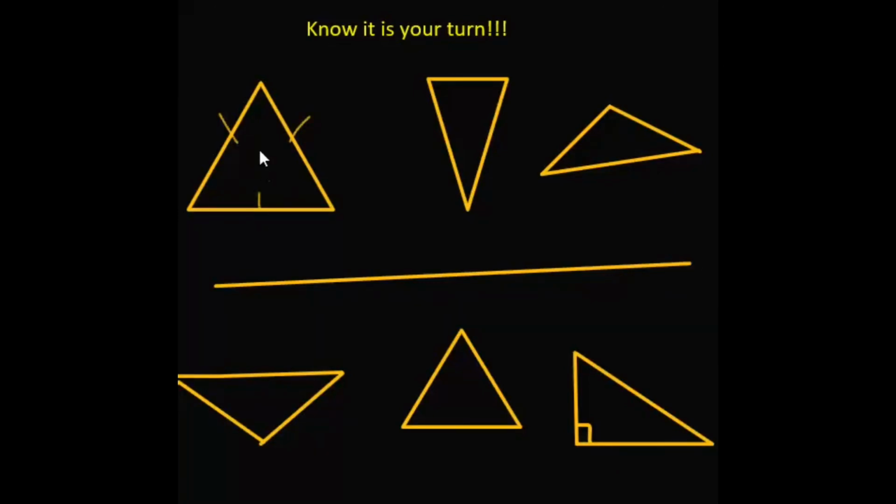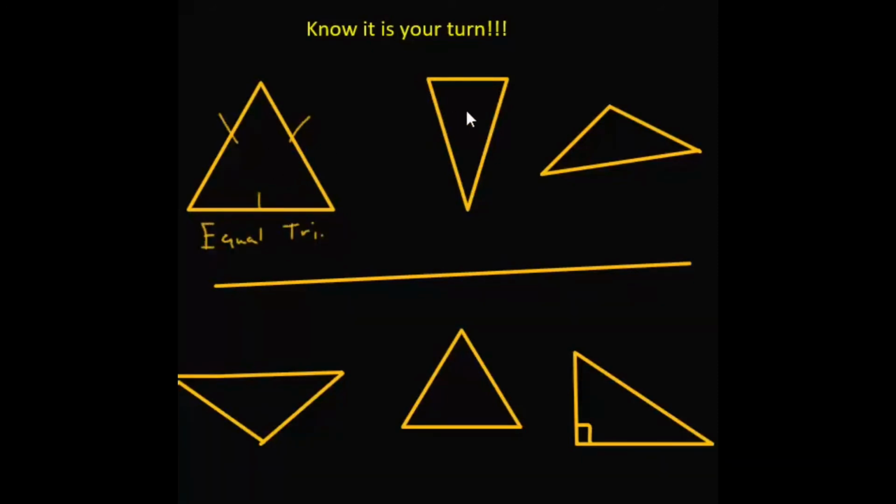Three equal sides is an equilateral triangle. I'm just going to write equal tri, just to make it a short form. So, equilateral triangle.